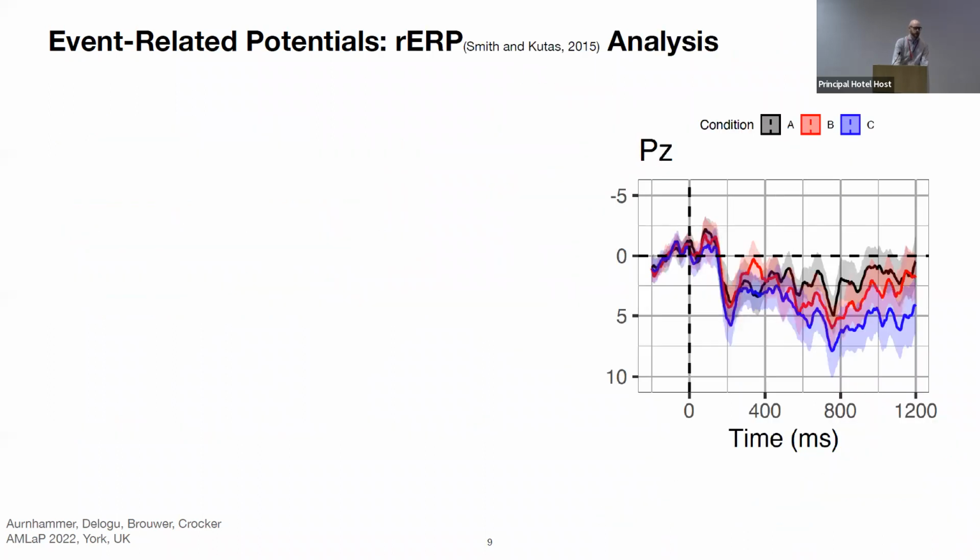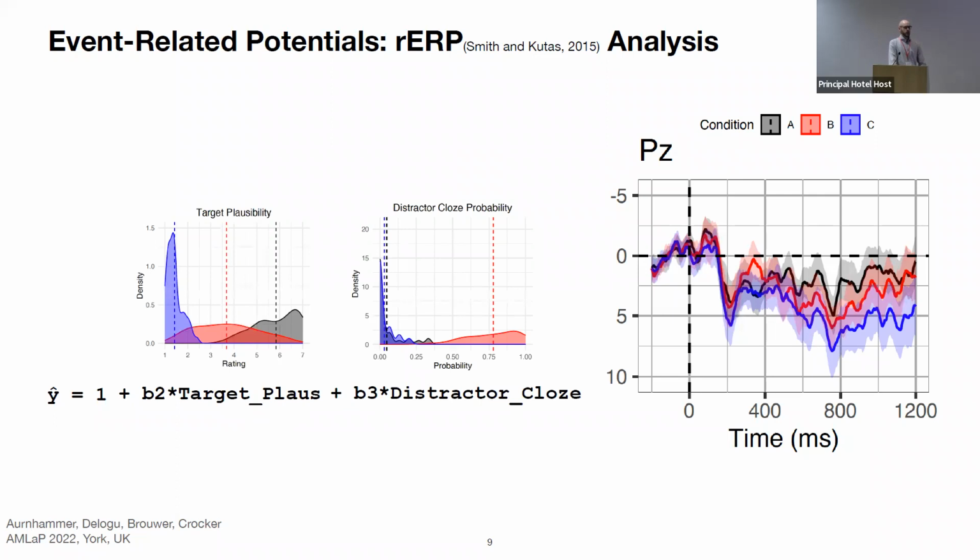Now, to analyze those data, we conducted an rERP analysis, and here we actually use very similar models like before, and we fit one of those models for each subject, for each electrode, and for each time sample, right?